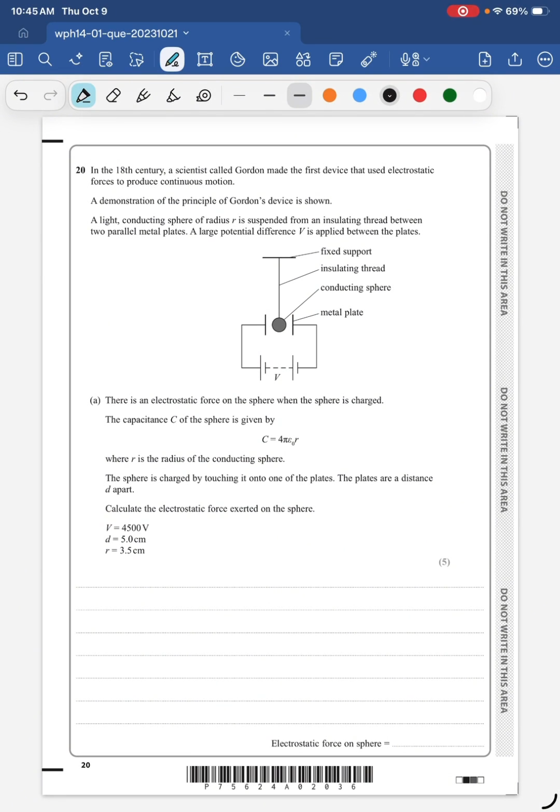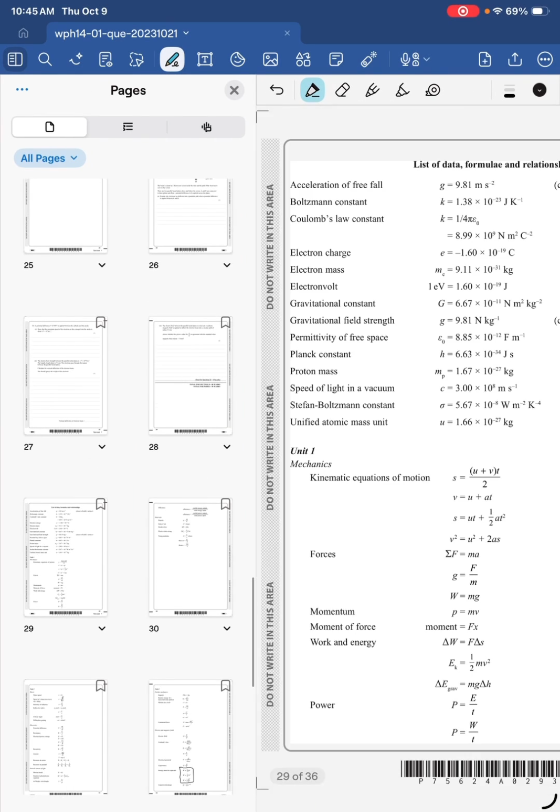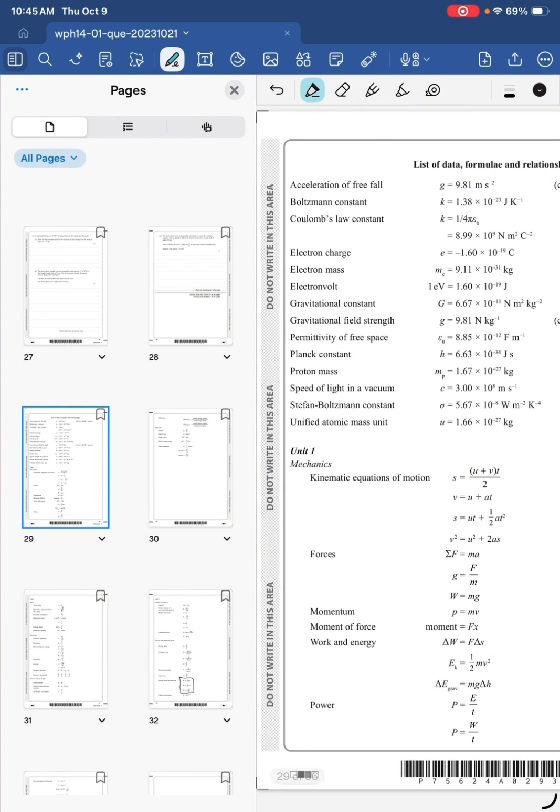So the first step is to actually find the capacitance, okay? So C, because you're given the voltage and other constants there, and I'm going to show you what you have to do. So, let's find the capacitance. So 4 pi epsilon naught times R, and you can go in the back of your paper, and if you go over here, you're given epsilon naught here, okay?